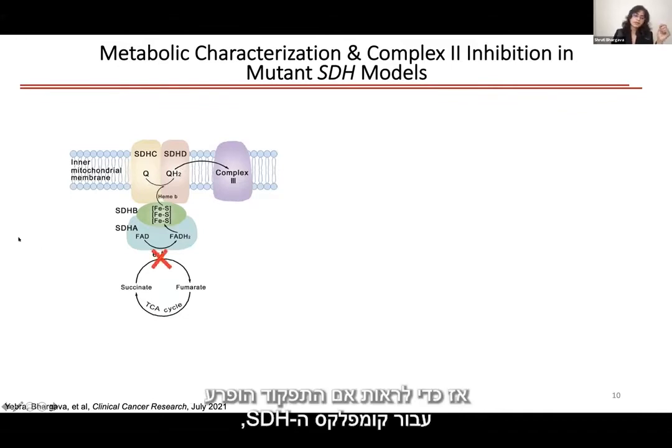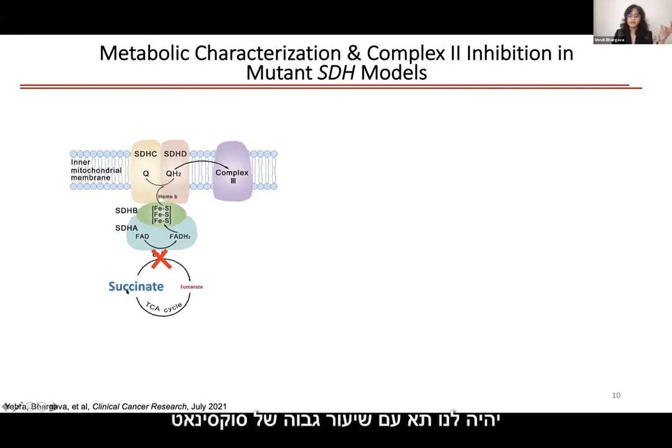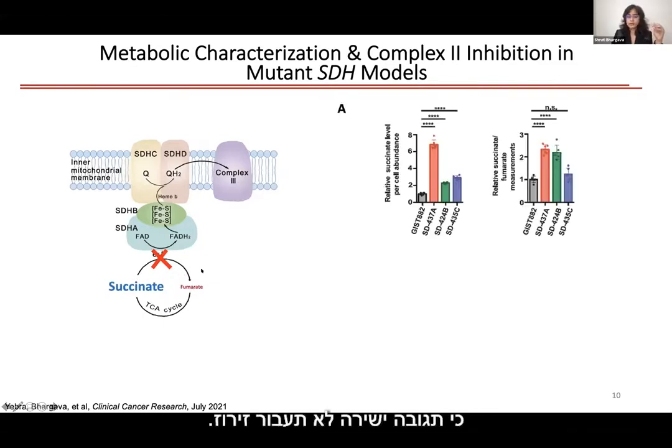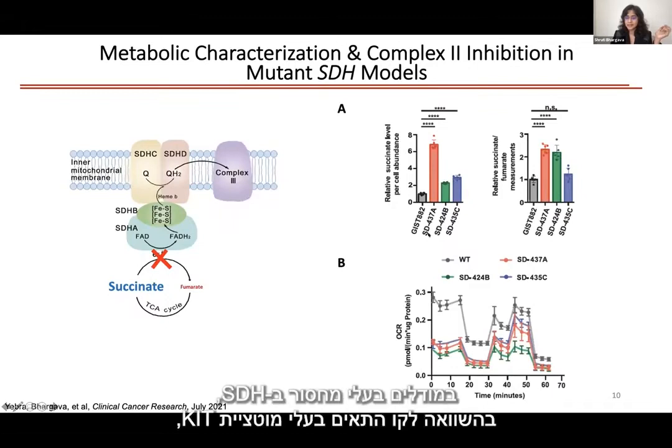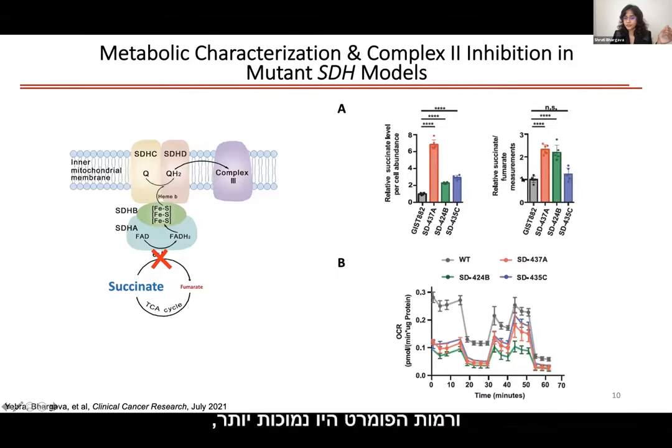If the function of the SDH complex is abrogated, we will have a lot of succinate in the cell and a little bit of fumarate, because the forward reaction will not be catalyzed. This was also seen in our results, where we had higher levels of succinate in the SDH deficient models as compared to the KIT mutated cell line, and the fumarate levels were lower as compared to the succinate levels in the cell.